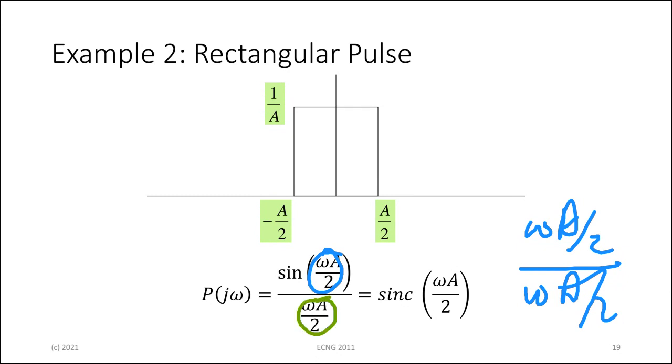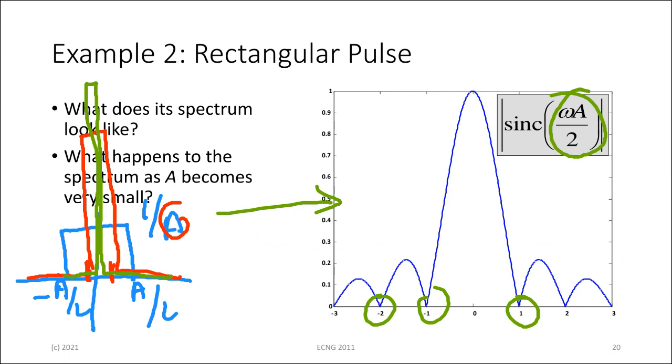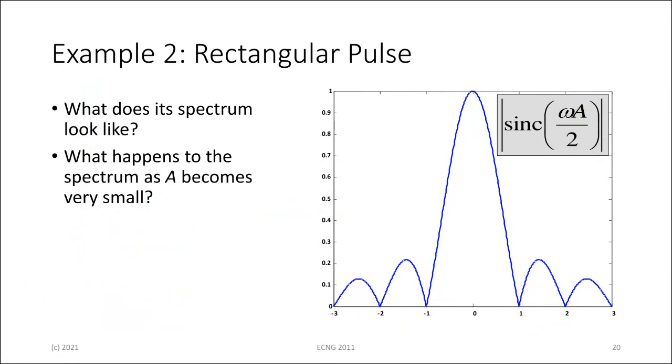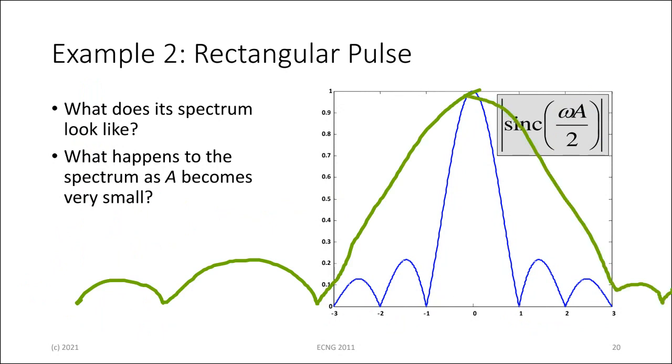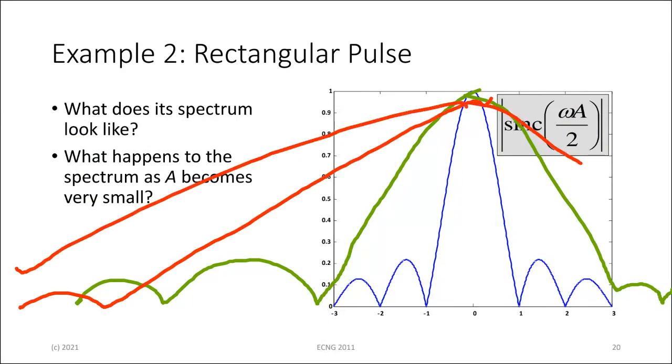In other words, these points here start to move further and further away. So as a gets smaller, this starts to look like that. And if you keep getting a smaller and smaller, it spreads and then flattens and flattens.